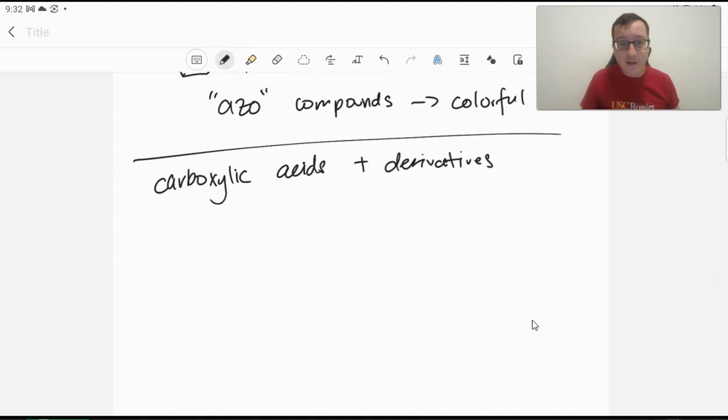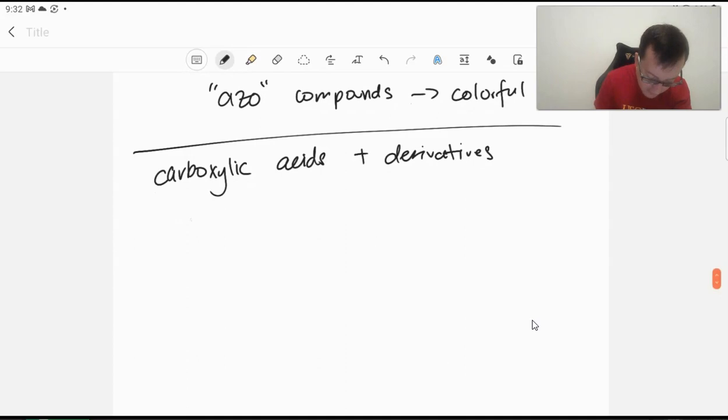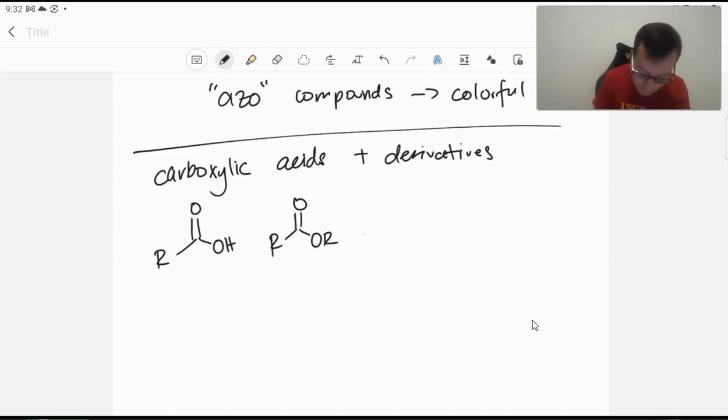And we're going to see all the reactions that we're going to cover basically follow the exact same mechanism. So it's a nice set of things. There's a lot of reactions that we can do, converting carboxylic acids into various derivatives. Let's talk about all the various functional groups here we're going to talk about.